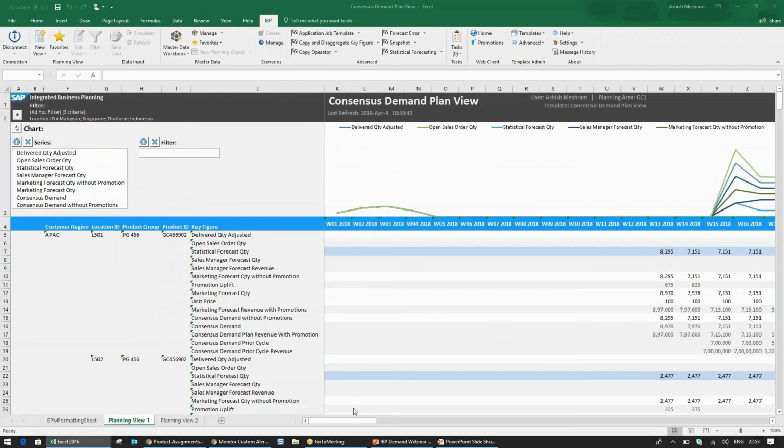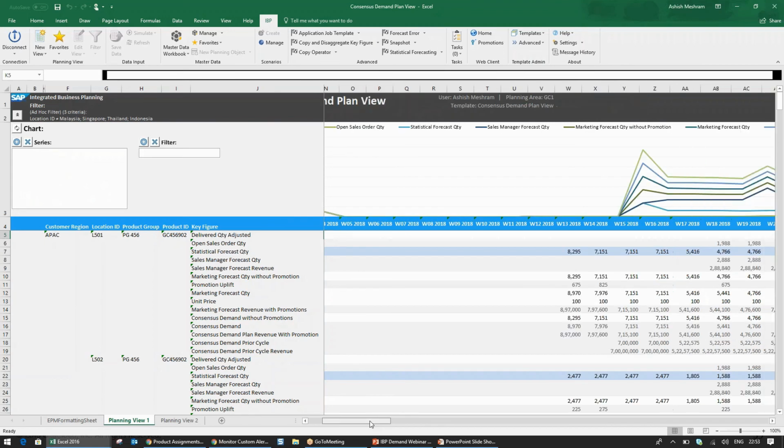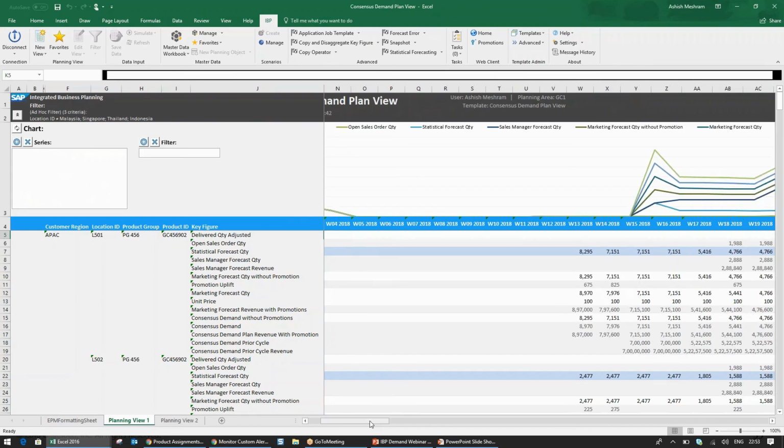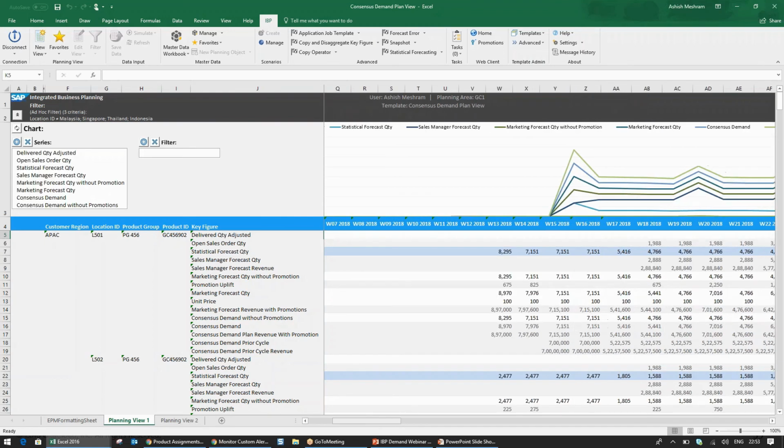So now moving on to the next process, that is your consensus demand plan view. So here a demand planner can now look at the forecast value added analysis report to understand the recent performance trends for your statistical quantity, your sales quantity, marketing quantity against the actual that you have.